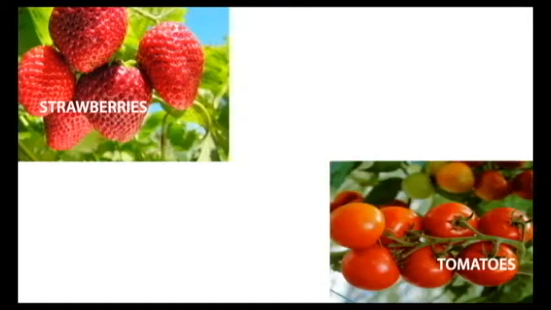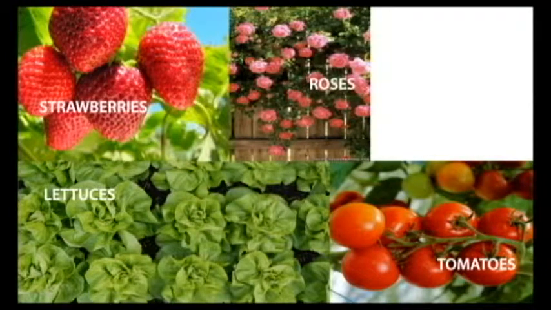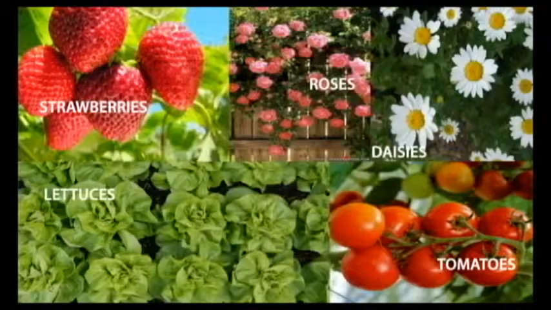There are many different plants that will thrive in a vertical garden, but some that have been known to do well include strawberries, tomatoes, lettuces, climbing roses, miniature roses, daisies, and ferns.